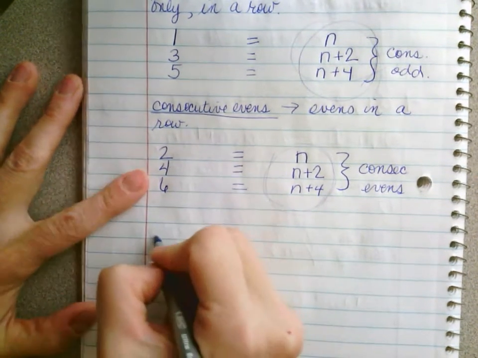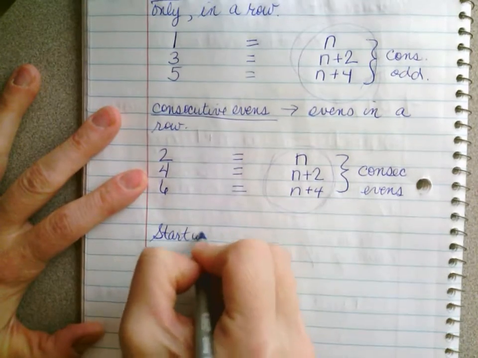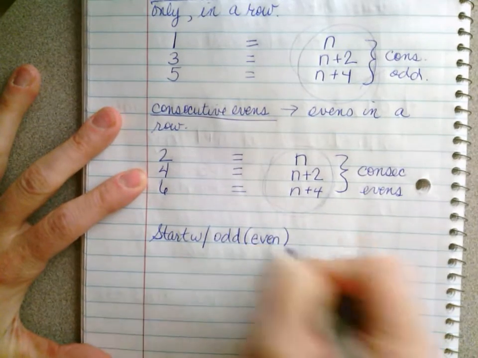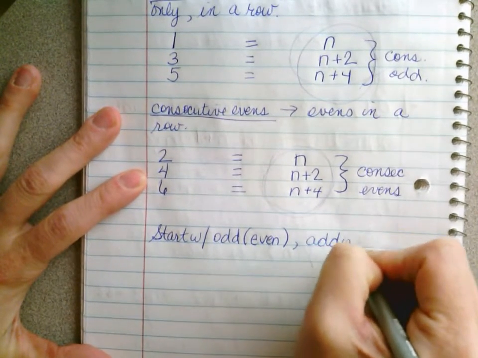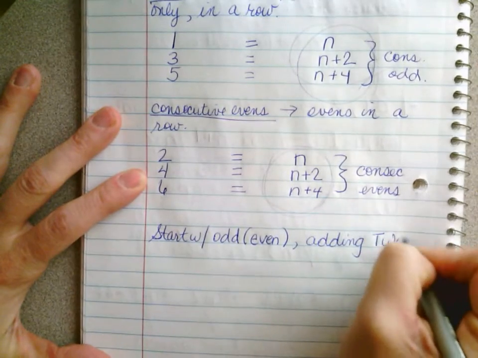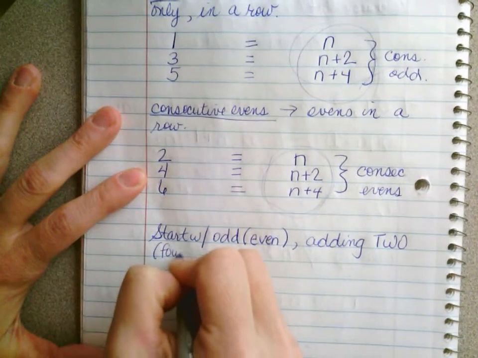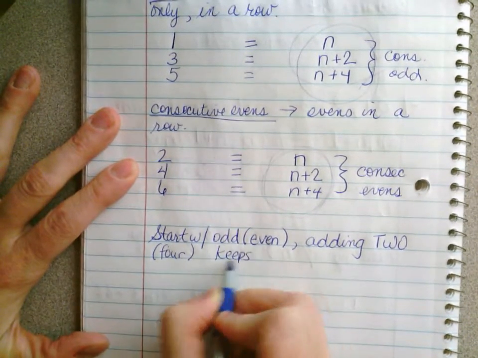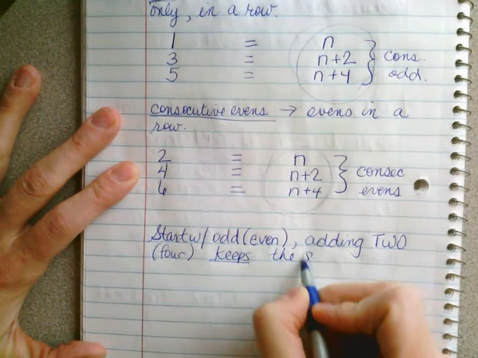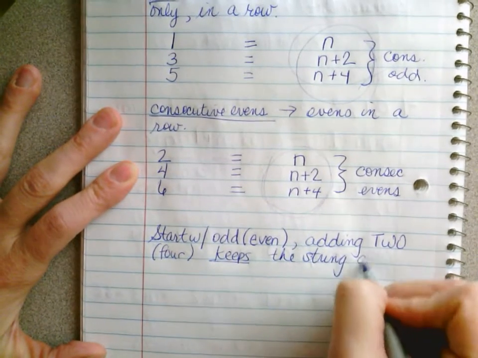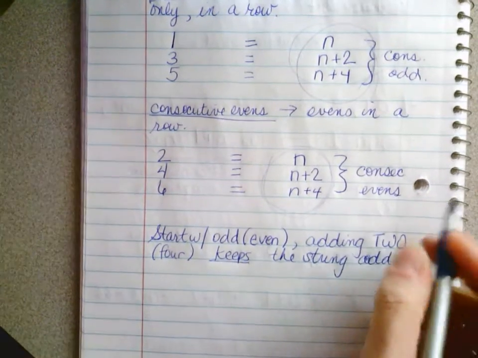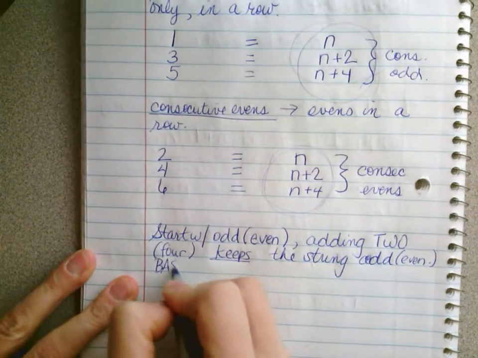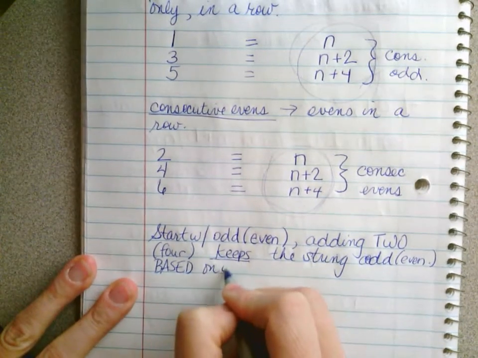So if you start with odd or even, adding 2 and then 4 keeps the string odd or even, based on what you started with.